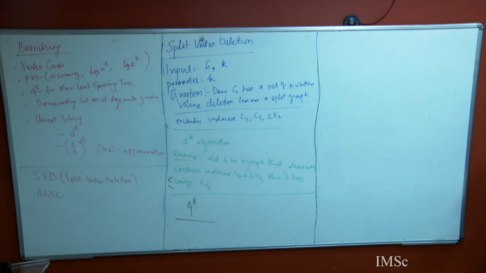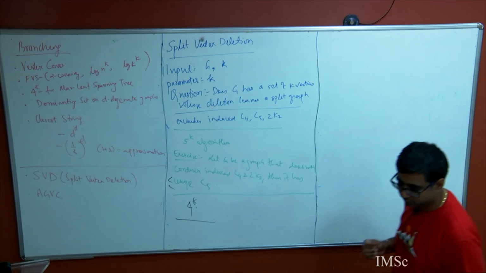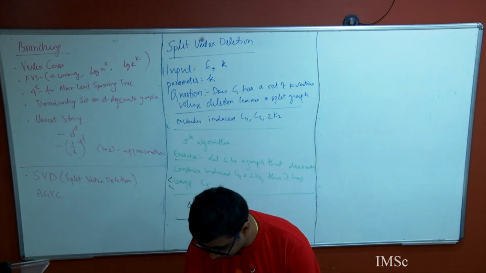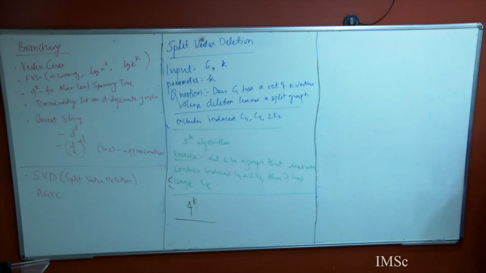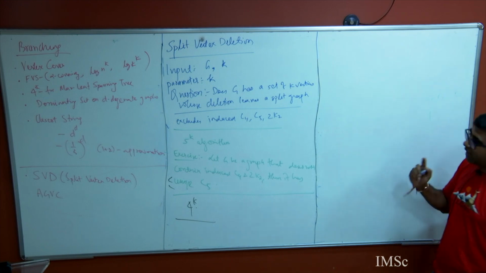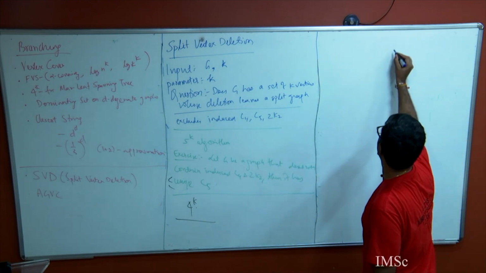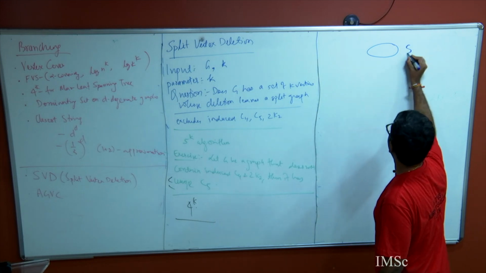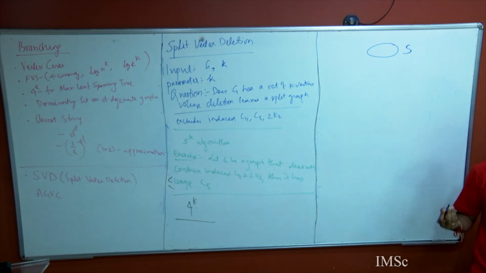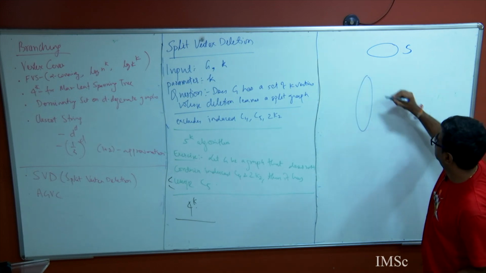What I want to show you is something funkier. Suppose I am given a graph G, and I give you a partition of the vertex set. After I delete these k vertices, suppose this is my split vertex solution, what am I going to get? I'm going to get a split graph. How is that split graph going to look?